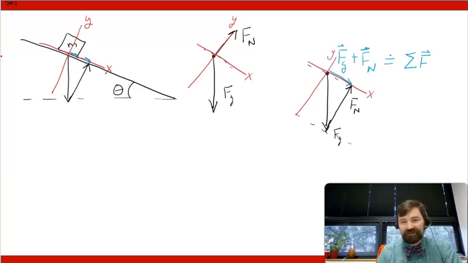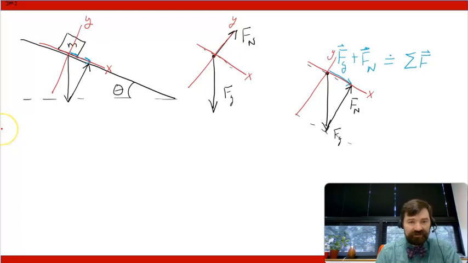Notice that the y-axis is still parallel to the normal force. Notice that the x-axis now parallels the net force. So this new coordinate system that I've made has x along the ramp, y perpendicular to the ramp. Okay, but that means that we've now got to convert gravity into an x and a y component.